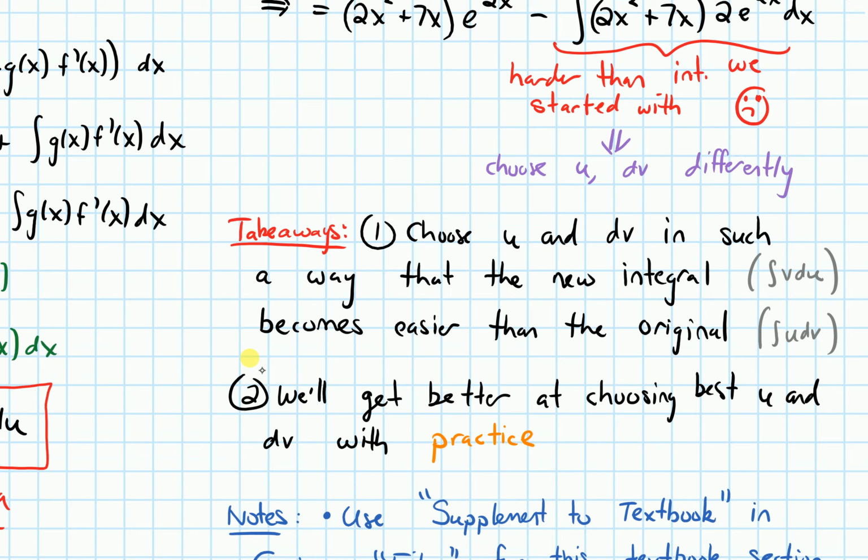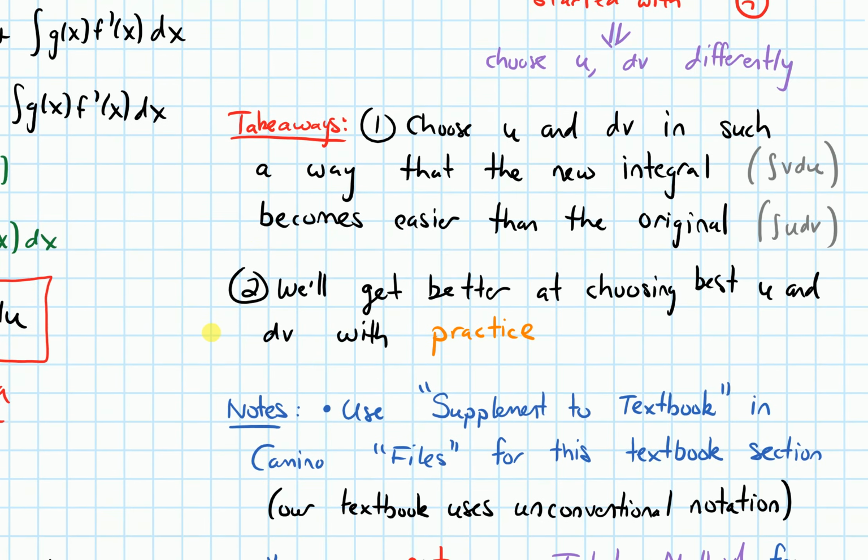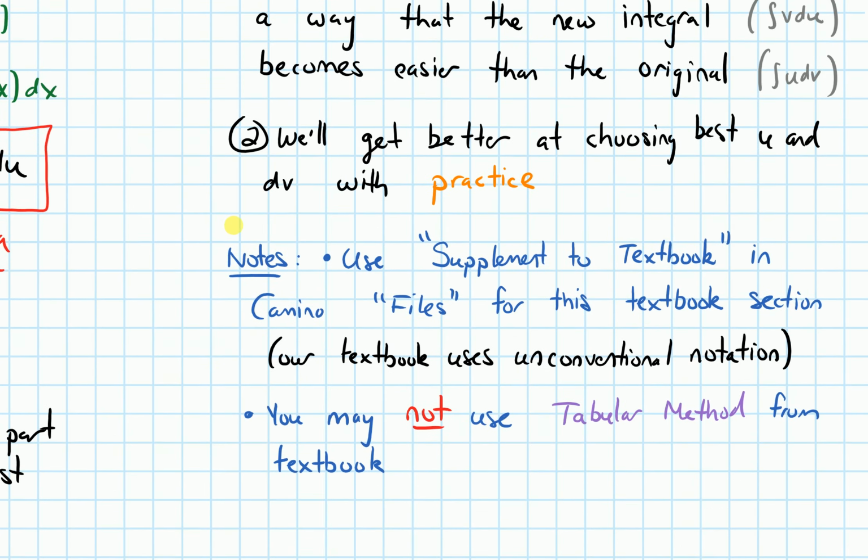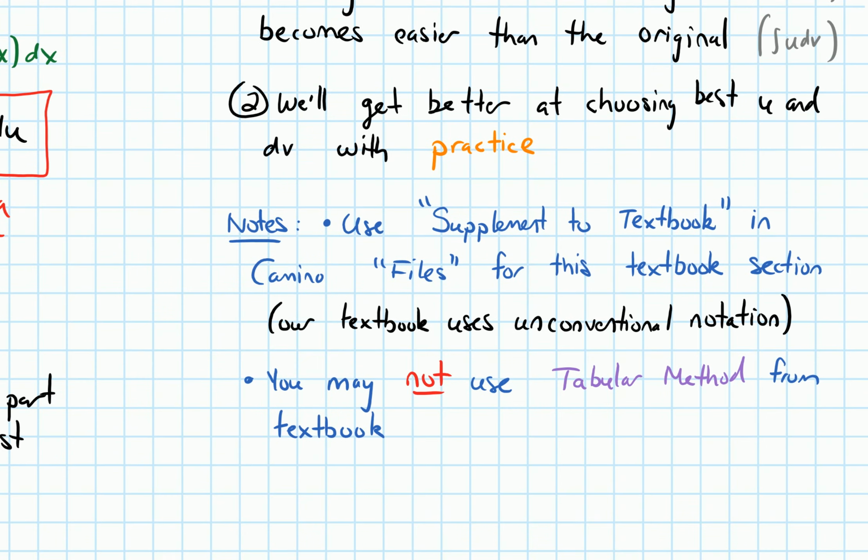Okay, so there are two notes that I want to end by stating in this video, and they have to do with the textbook. The first note is, for this particular textbook section, section 7.1, our book uses some unconventional notation to talk about integration by parts that they think is going to be easier, but I actually think it's a bit more confusing because virtually no one else uses that notation.